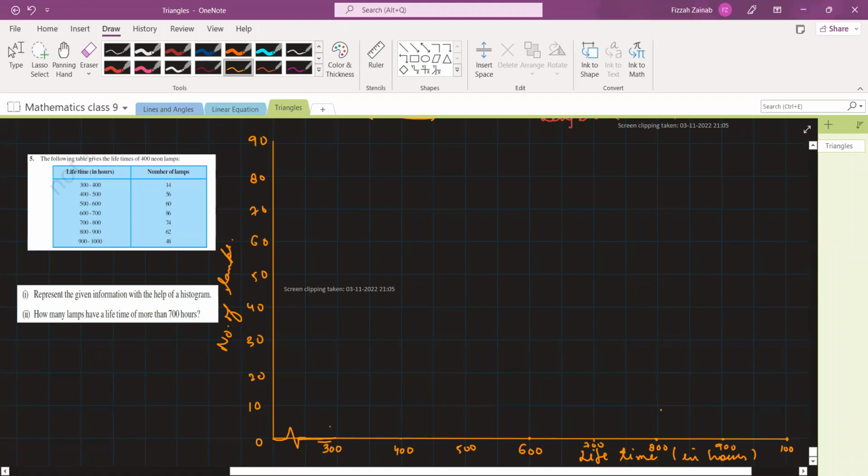Okay, so 300 to 400, the frequency is 14. You can easily locate 14 on the graph paper because there are 10 lines between 10 to 20, so you just count 1, 2, 3, 4. So 14 will fall somewhere here. This is the first bar. Then you have 56 next, 56 will be somewhere here. Next you have 60, exactly here.